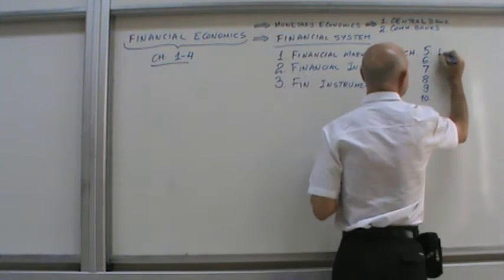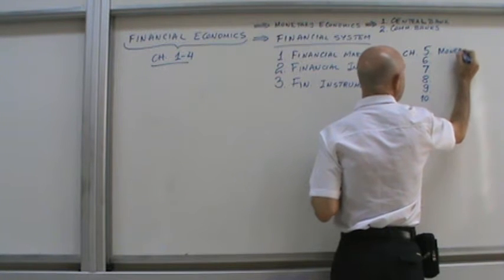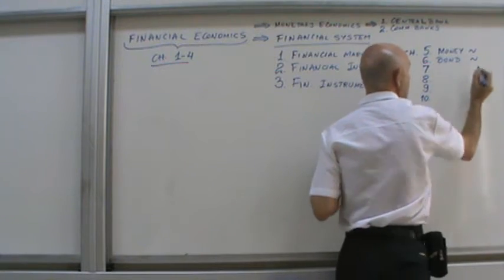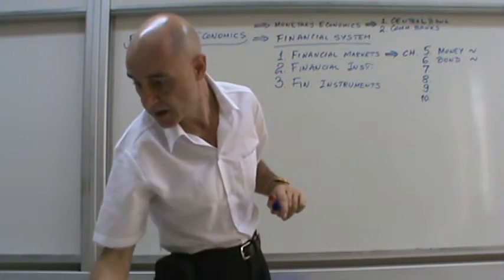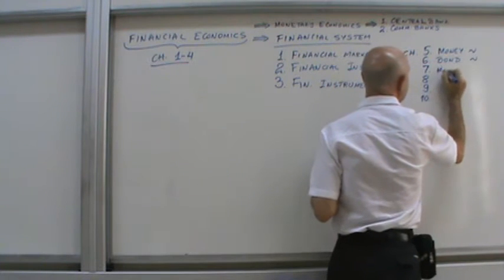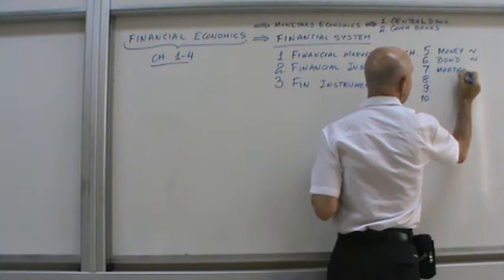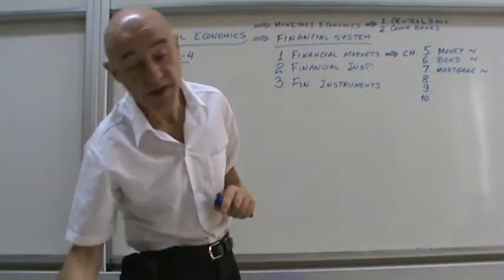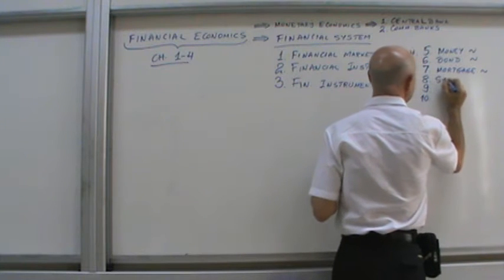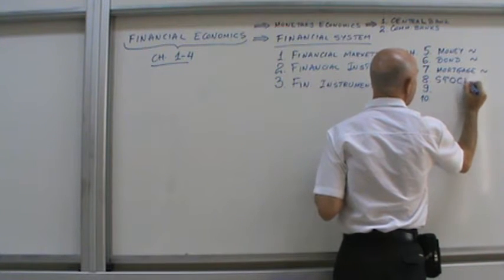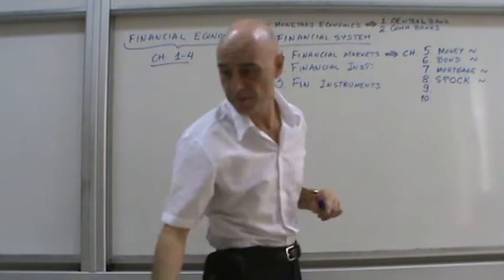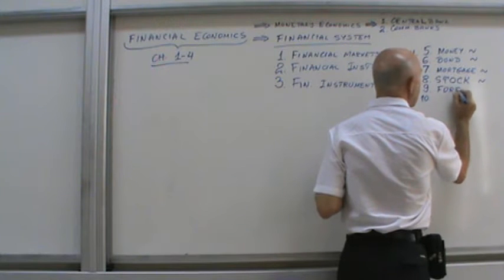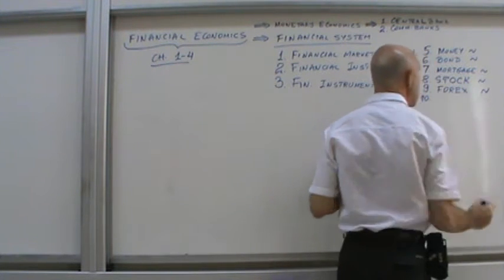Money market, next one is the bond market, mortgage market, stock market, two more: forex, as in foreign exchange market, and what's the last one?